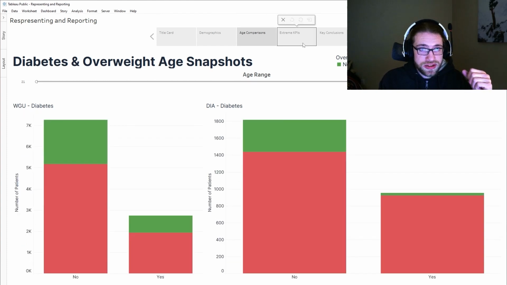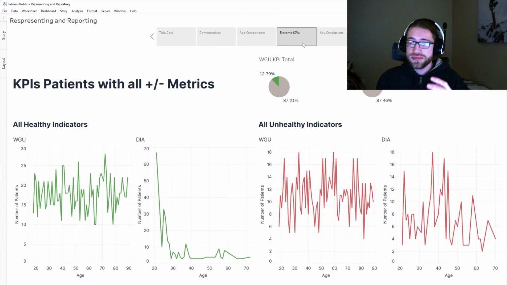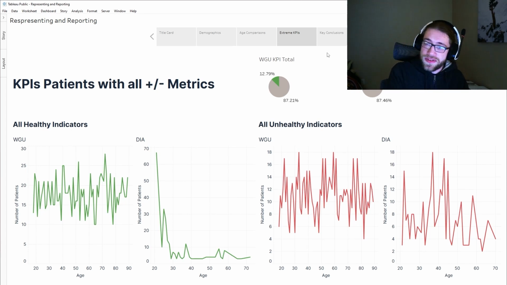Now we can move on to the KPIs. When it comes to these KPIs, they stand for the patients that are the very best and very worst when it comes to health. What I wanted to check out was how many of our patients have all three: are not diabetic, are not overweight, and do not have high blood pressure.